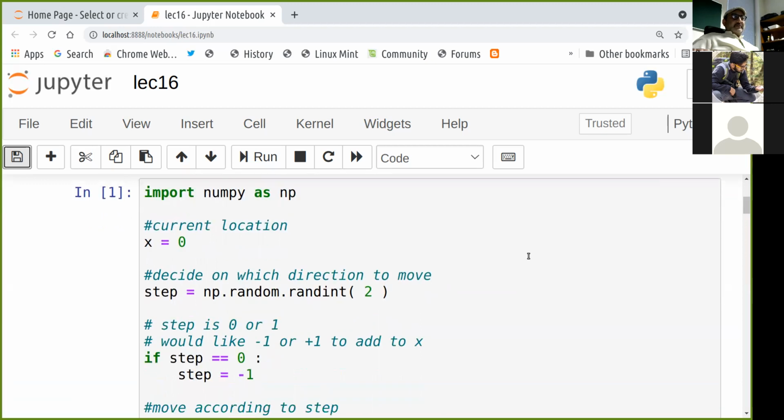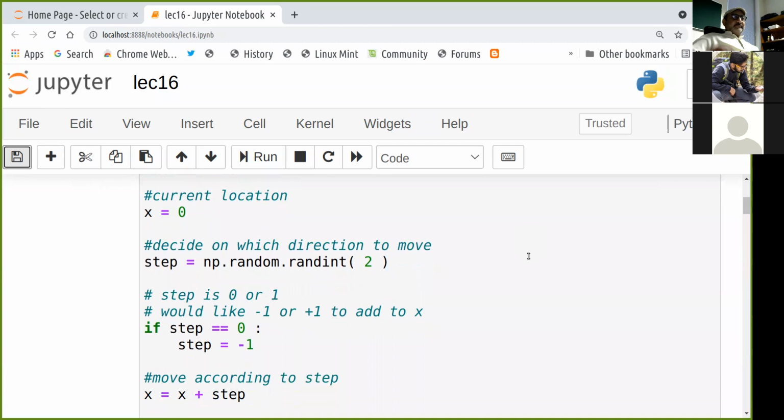Okay, so what I'll do is I'll say if step is +1, that's fine. I'd like it to be +1. But if it's 0, which I'm interpreting as a move to the left, then I would like to turn that 0 into a -1. So I'll say that if step is the same as 0, then step is equal to -1.